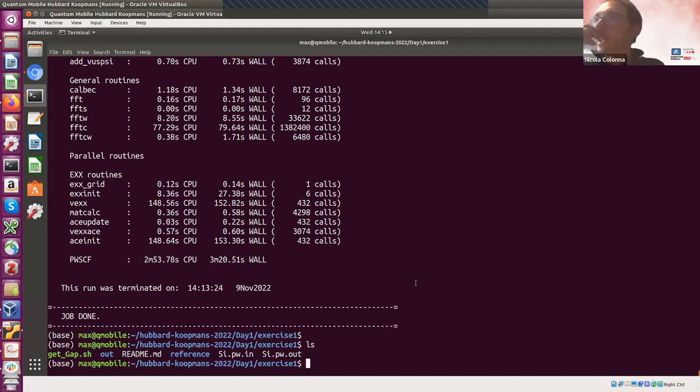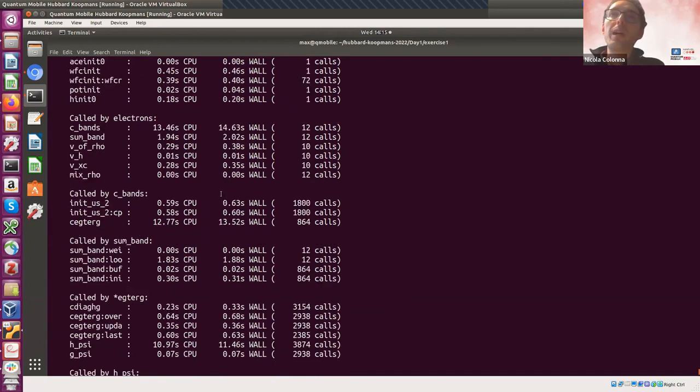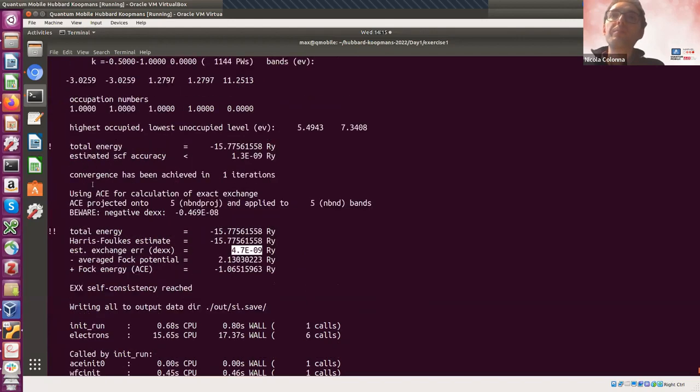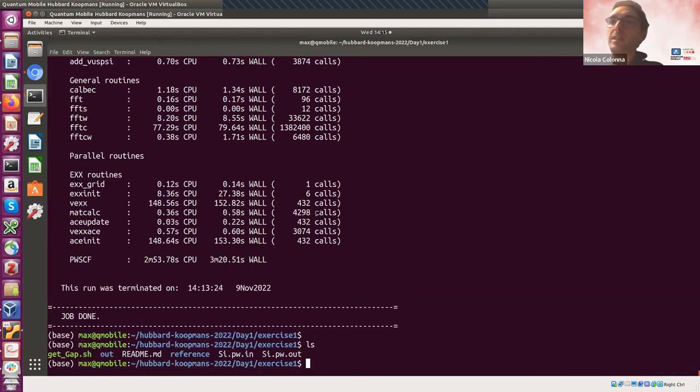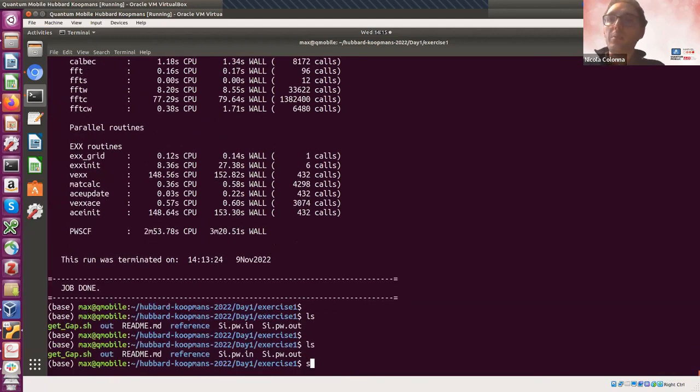So if we want to extract information now, well, either you open your output file and you search, for instance, if you're interested in the band gap, for occurrences of the highest occupied, lowest unoccupied energy level. Here, just to facilitate, I prepared a script for you.